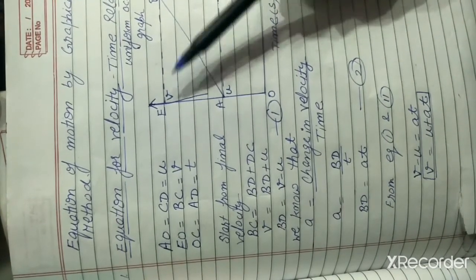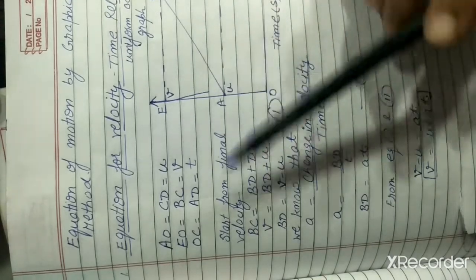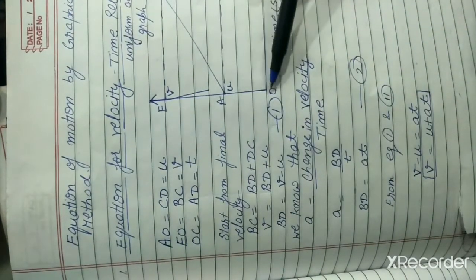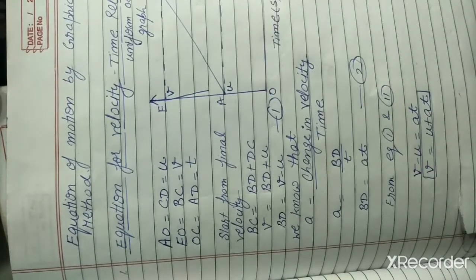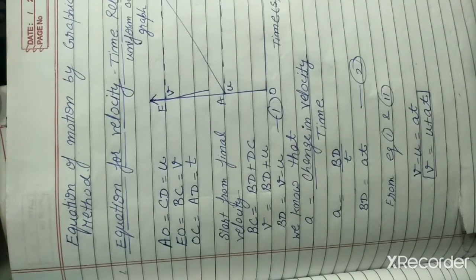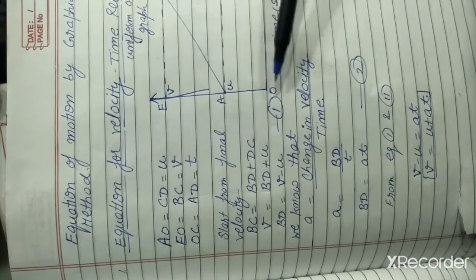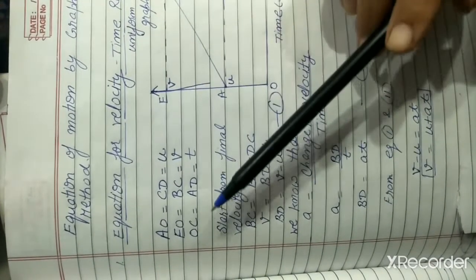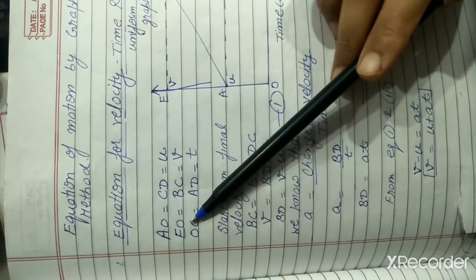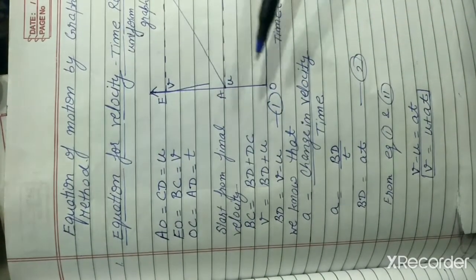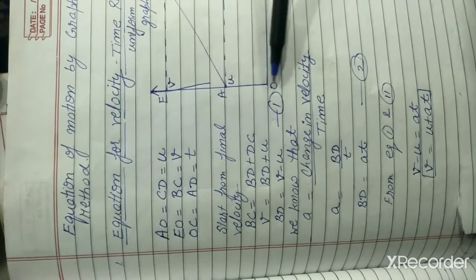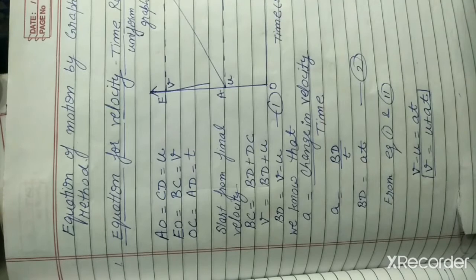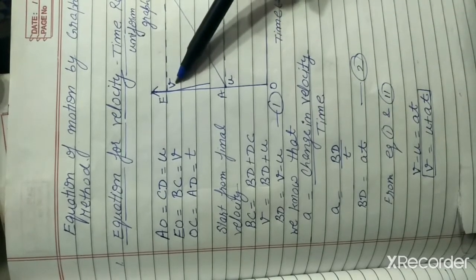First of all, we consider the terms with u and v. AO is equal to CD and it is equal to u, the initial velocity. Another term is EO, which is equal to BC, and that is v, the final velocity, right?